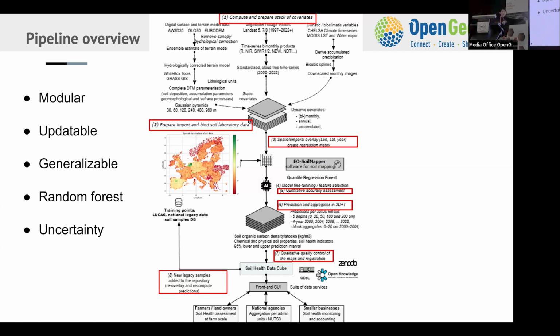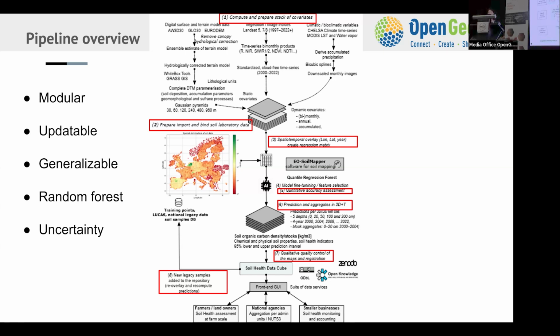And random forest, which is one of the most simple but robust machine learning models, is also the core algorithm of our modeling and mapping pipeline. And this pipeline is not only about the predictions, but also about the prediction uncertainties associated with the predictions.